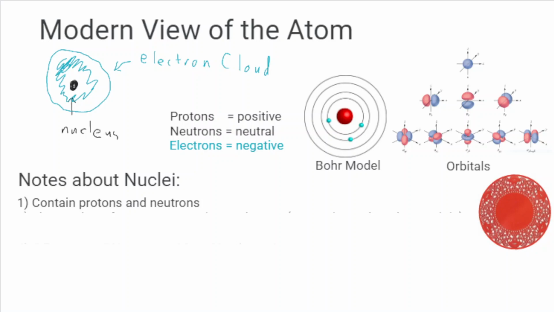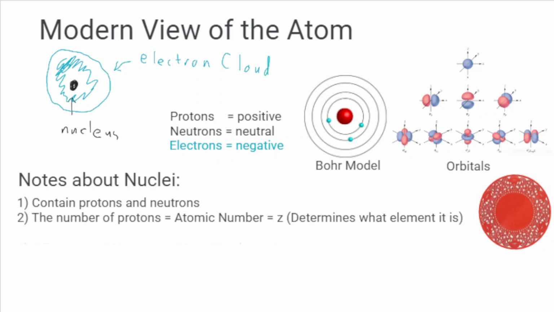Now, these protons and neutrons have a very similar mass and make up most of the mass of the atom. The number of protons is referred to as the atomic number, which is often depicted as the letter Z, and this will determine what the element is. So all the elements are essentially defined by how many protons they have.